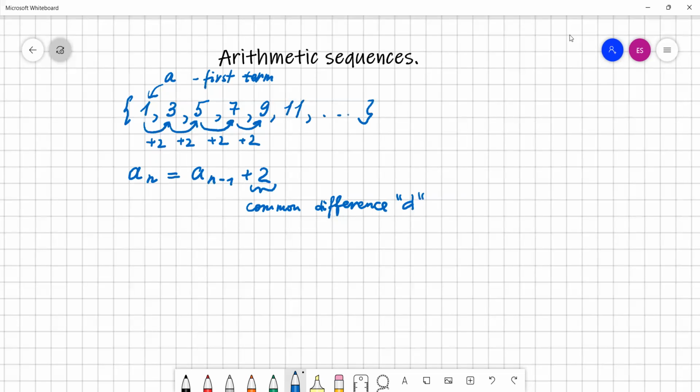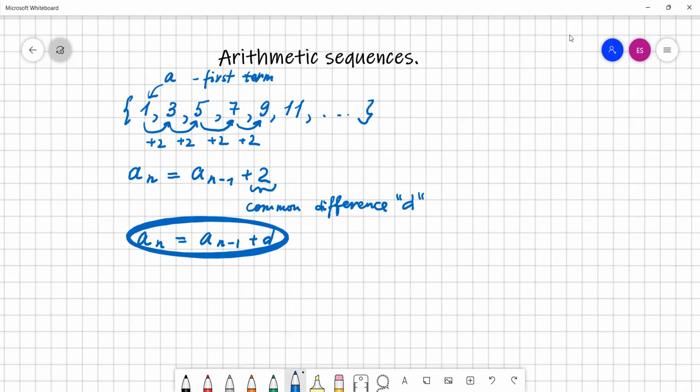Now, let's get a formula for this sequence. This is a recursive formula, not very convenient to use because to find term number 5, for example, you'll need to know term number 4, right? But actually, we can find term number 5 just knowing term number 1 and the difference. So let's see. A_n equals A_(n-1) plus D, right? That's a recursive formula.